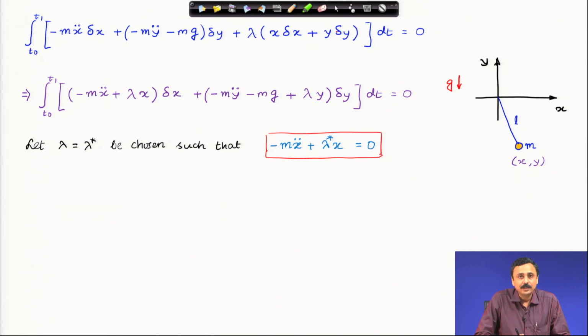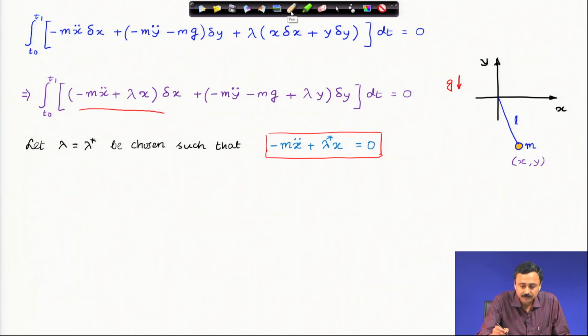I will do away with one of the bracketed terms, so that I do not even have to worry about the variation of that coordinate. Let us choose some lambda star such that the first bracketed term goes to 0. The first bracketed term goes to 0 as shown here. I choose lambda star so that the first bracketed term goes to 0.